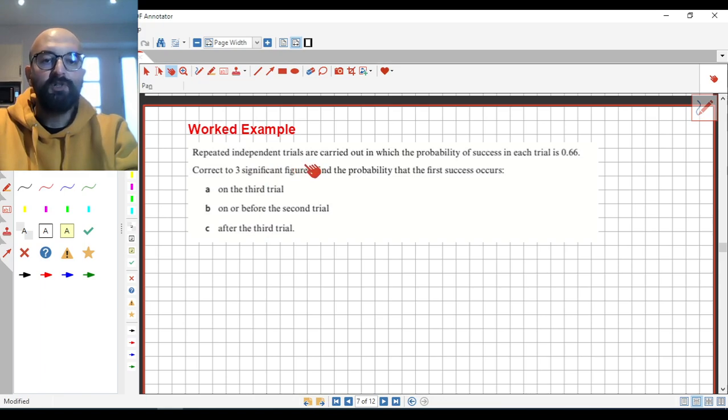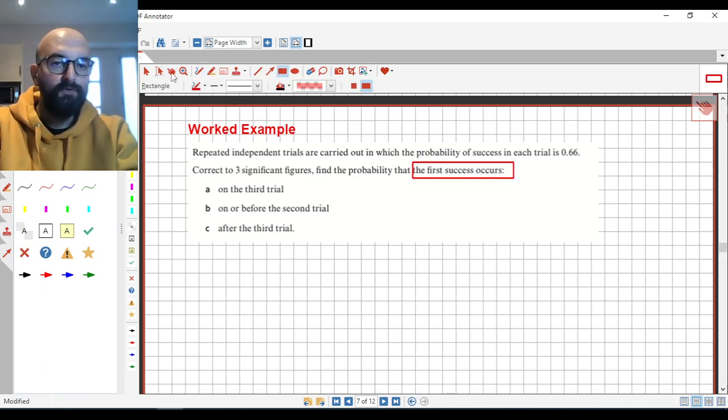Repeated independent trials are carried out in which the probability of success in each trial is 0.66. Correct to three significant figures, find the probability that the first success occurs on the third trial.